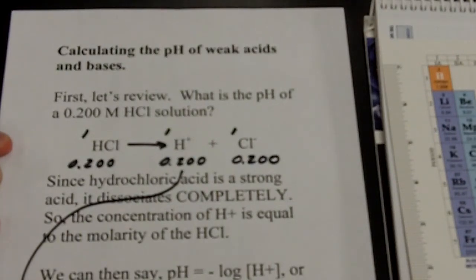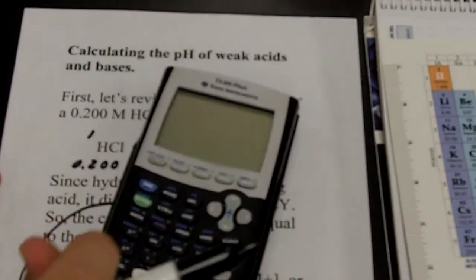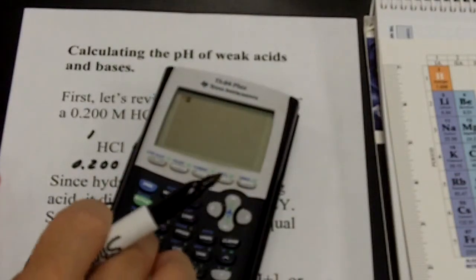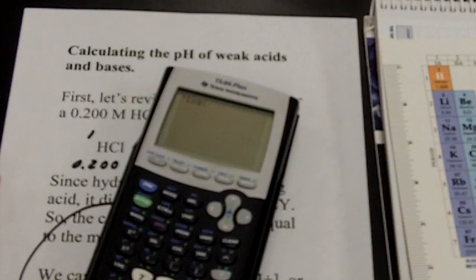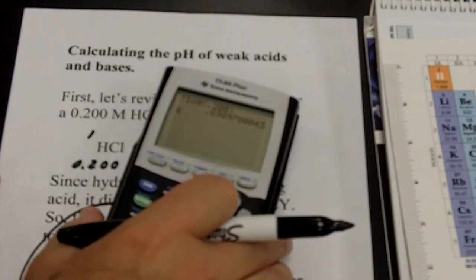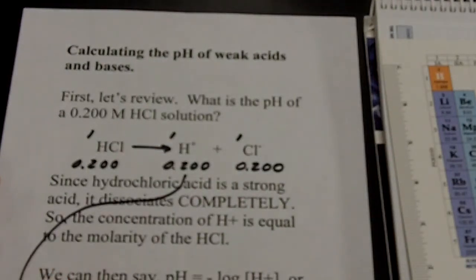We have minus the log of 0.200. And when we do that in our calculator, minus the log, that's log, not ln, of 0.200 is 0.698. We'll call it 0.70. So the concentration of hydrogen ions is 0.200, and the pH is 0.70.